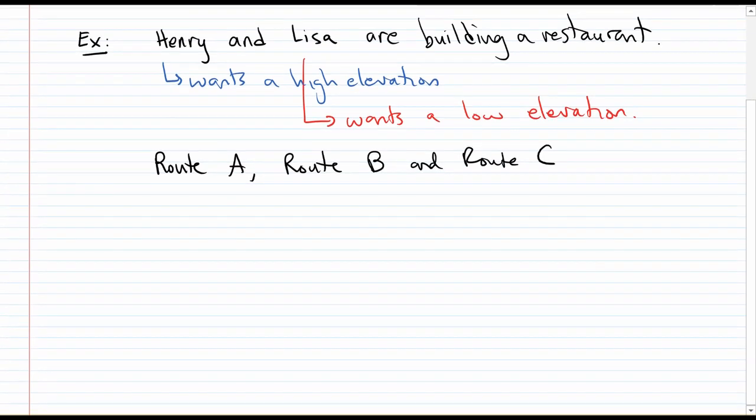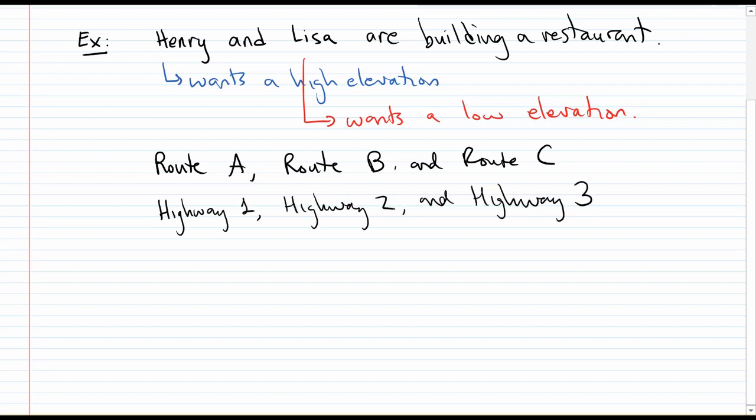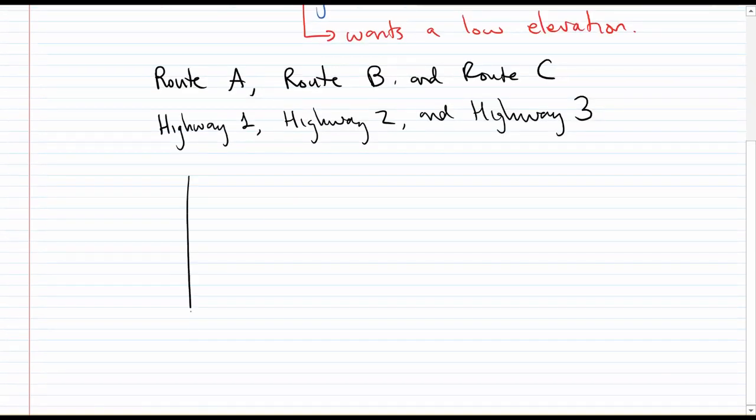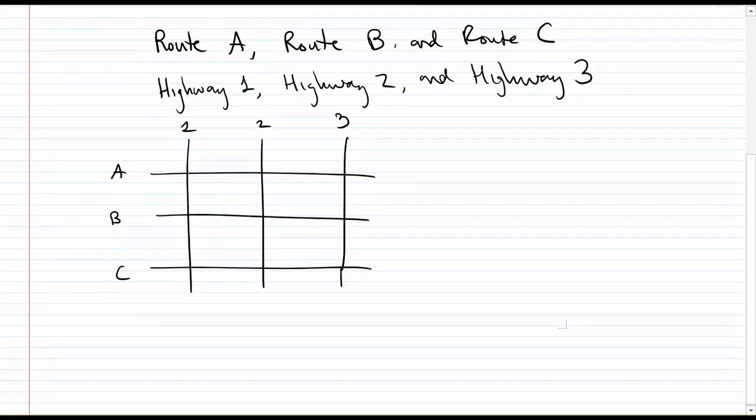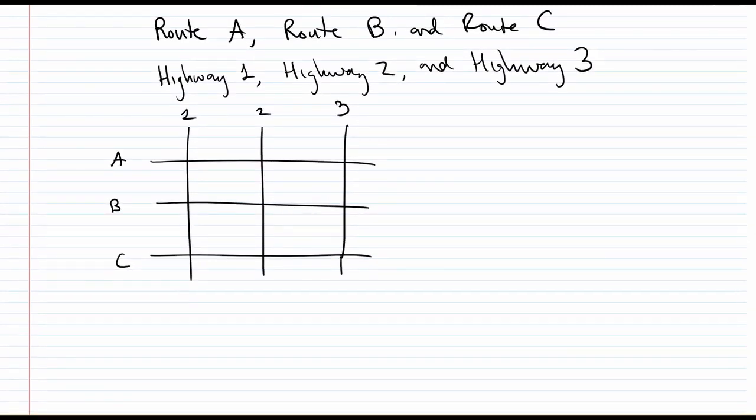And it crosses 3 highways in the town. There's highway 1, 2, and 3. So just for a picture, here's highway 1, 2, and 3, and over here, here's route A, B, C. They decide that Henry will choose a route, and Lisa will choose a highway.